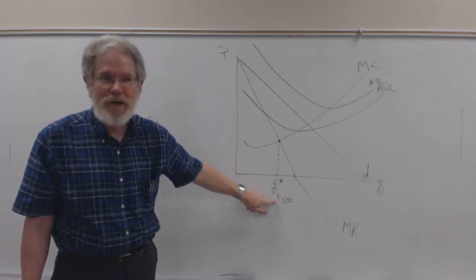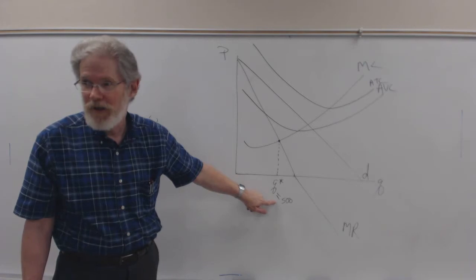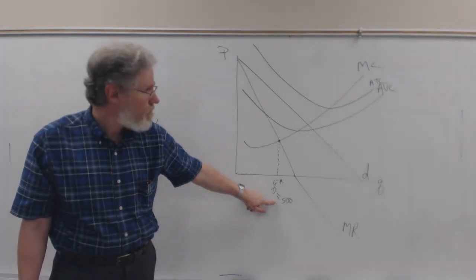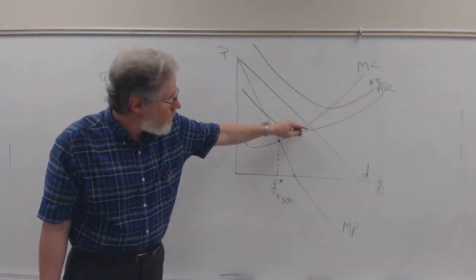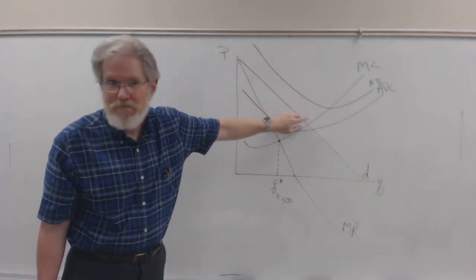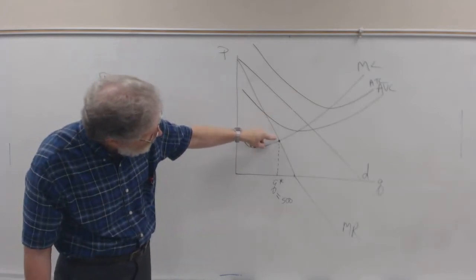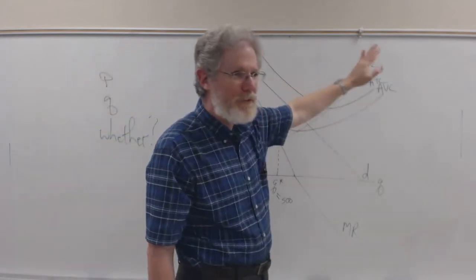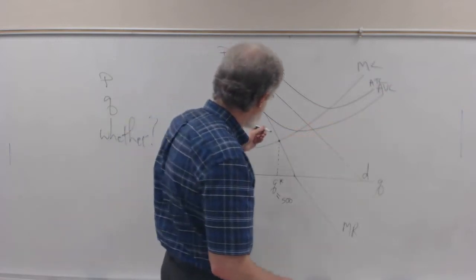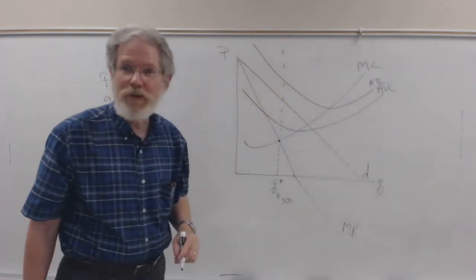And how do you find the answer to that question? The intersection of MC and D. MC and D intersect over here. Just read up. Once you find that point, just erase everything else. The only thing that matters is what you find on that vertical line.